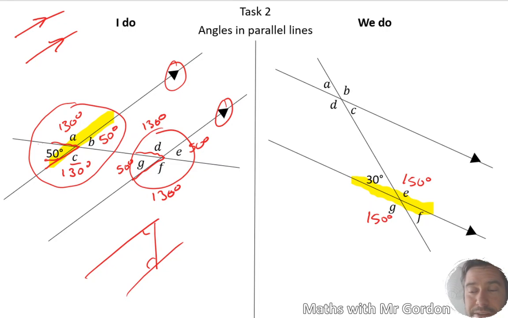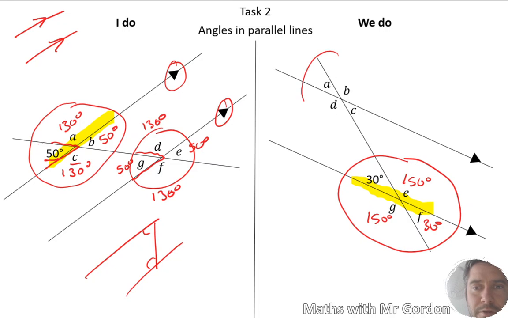Different ways we can get these numbers, okay? And this one here, 30 degrees, that's the same as that one. And this whole point, remember, is the same as the whole of this point. So over here, we're going to get 150 degrees, 150 degrees, exactly like we did down below, 30 degrees and 30 degrees.